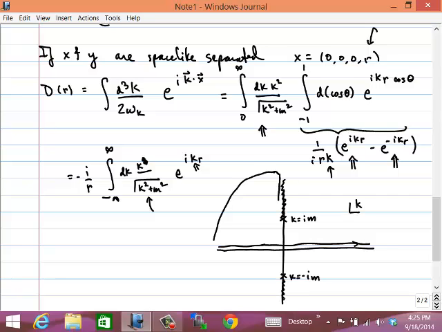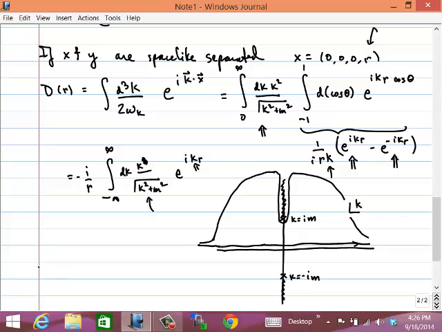So I can do the integral by deforming it into the upper half complex k plane, and the only thing you have to worry about is the presence of this branch cut.